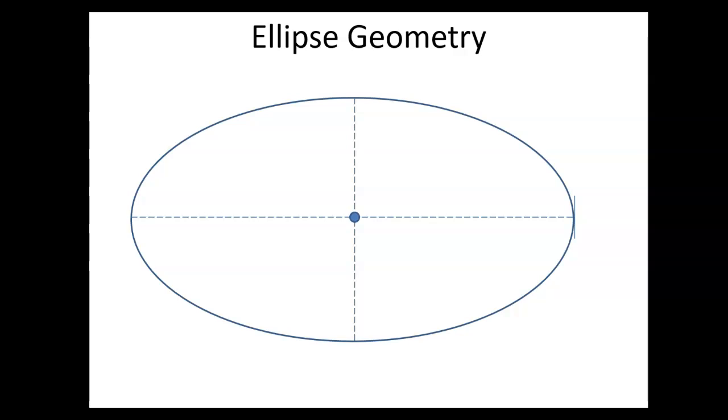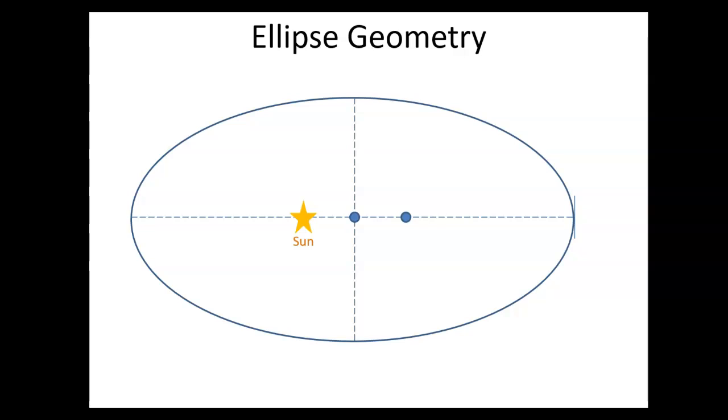This would be the center of the ellipse, but the most important points of the ellipse are the 2 foci. If you draw a line between each of those focus points to the object that's moving around the ellipse, the distance from that object to both of the foci remains constant as the object moves in this elliptical path.